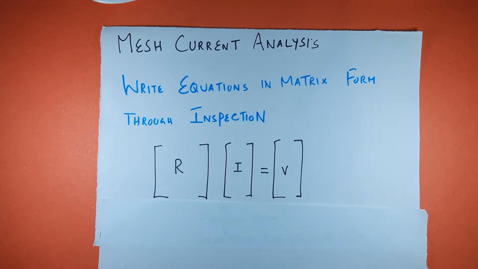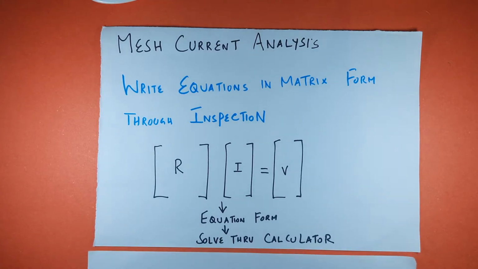If you want to solve using a computer like MATLAB, you can directly solve from the matrix form using software like MATLAB or MathCAD. But in the examination, you will be using only a calculator, right? So in that case, you have to convert that into equation form and then solve through your calculator.